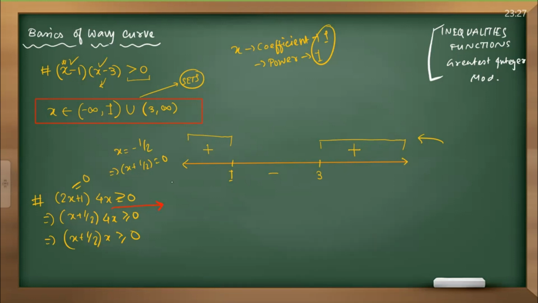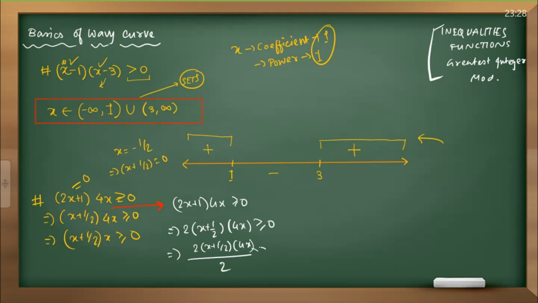The steps that we missed here are: (2x + 1)(4x) is greater than or equal to 0. We take 2 common, (x + 1/2)(4x) is greater than or equal to 0. Then we divide both sides by 2. 2 into (x + 1/2) into 4x, whole divided by 2, is greater than or equal to 0 divided by 2.